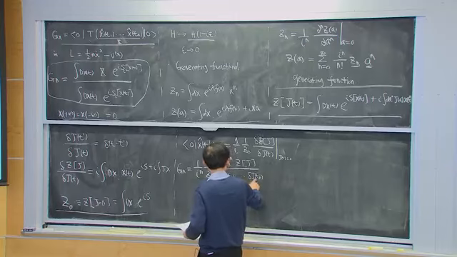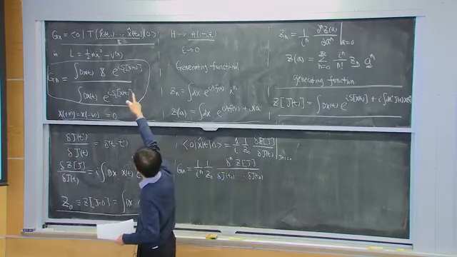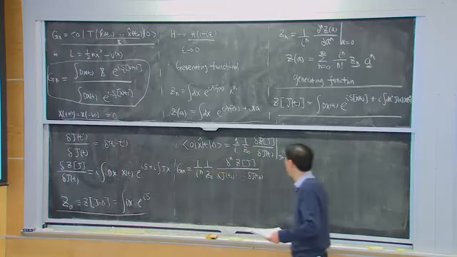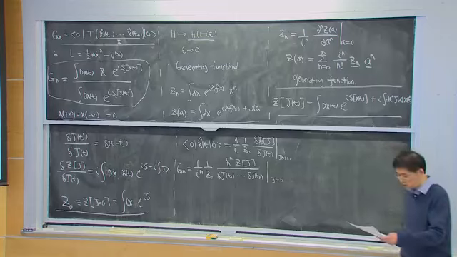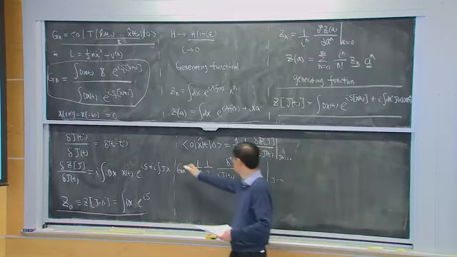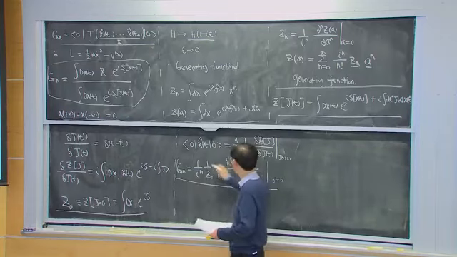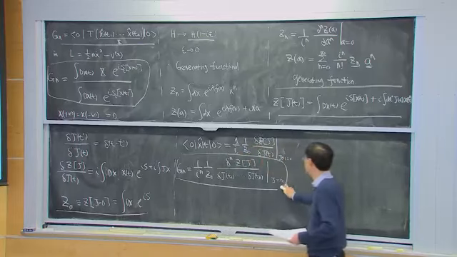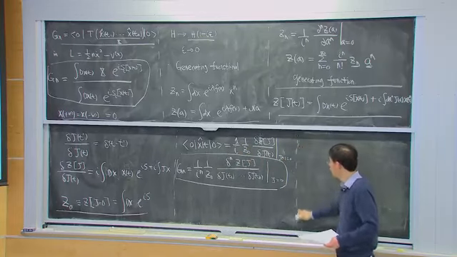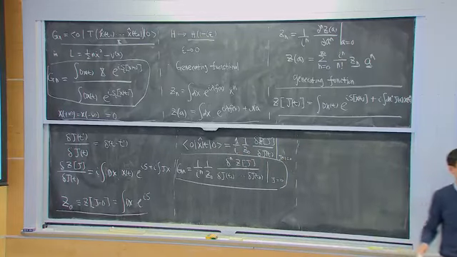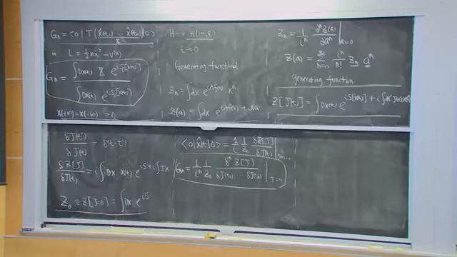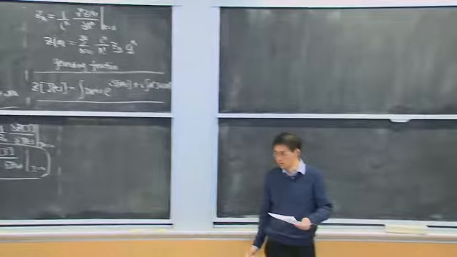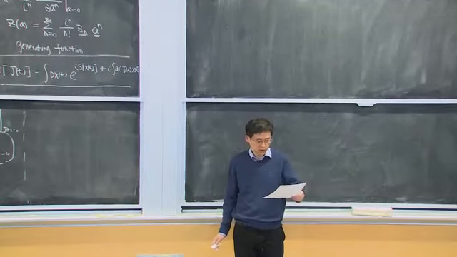This time variable should match the time variable in the original definition. After you take the derivatives, you set J equal to 0. This gives you the n-point function. If you know how to compute this Z[J], you only need to do derivatives, and it's much simpler. You only need to do the path integral once, and then you just do the derivatives. Any questions on this?